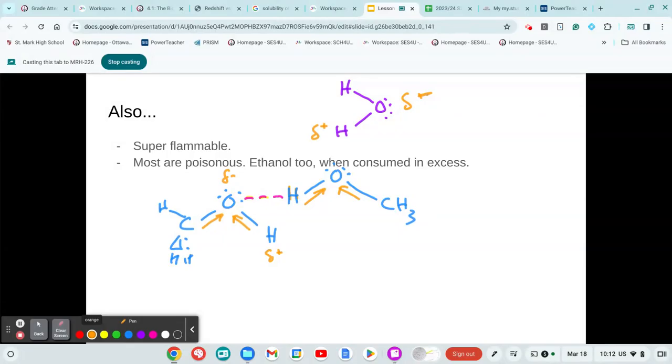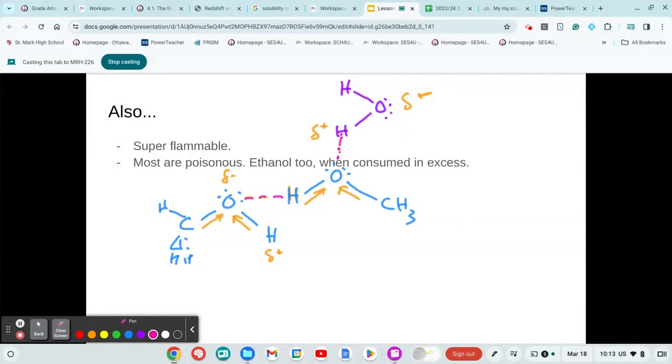Because this hydrogen on a water molecule is a little bit positive, it'll also be attracted to the oxygen in a methanol molecule. So alcohols can form hydrogen bonds with themselves, and they can form hydrogen bonds with water.